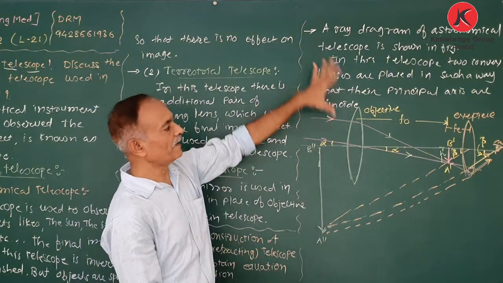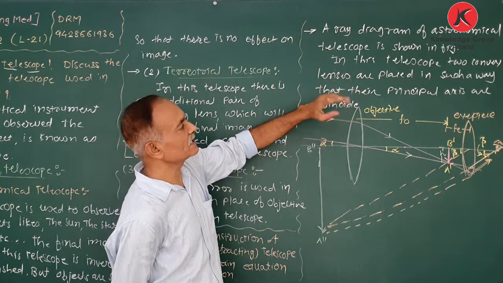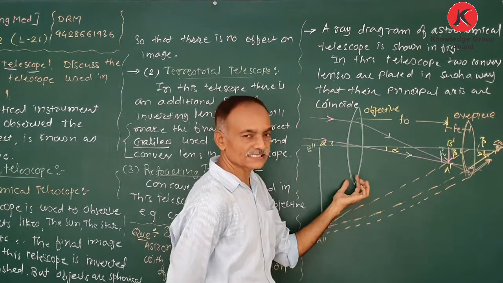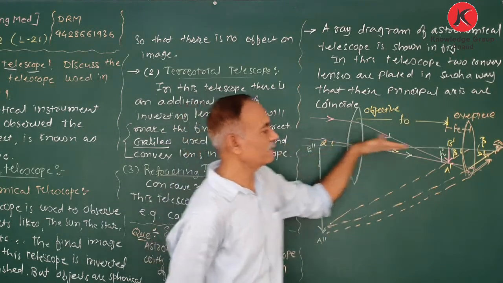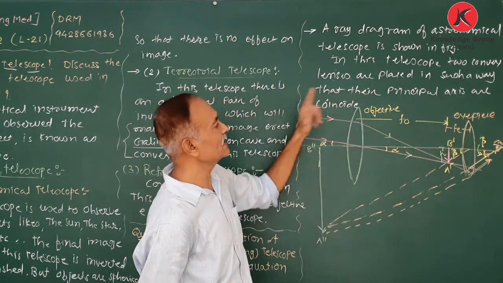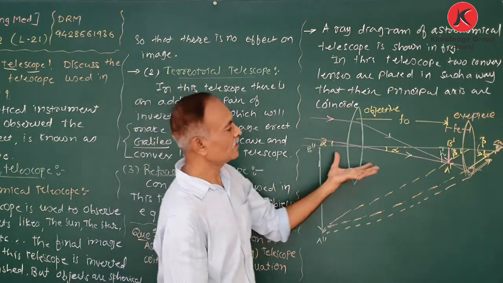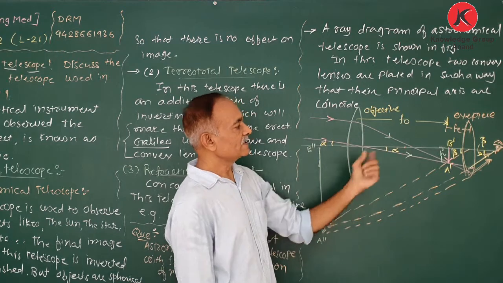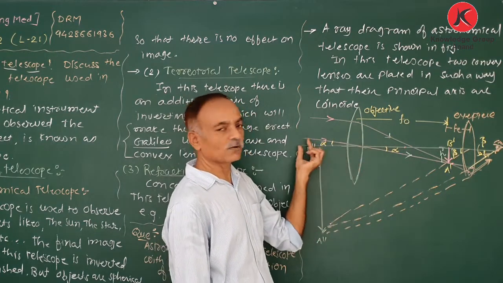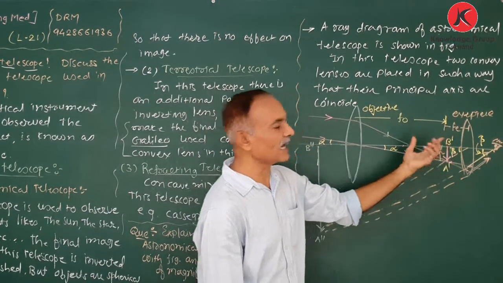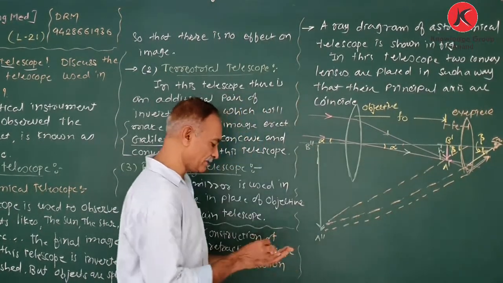The ray diagram of the astronomical telescope is shown in the figure. In this telescope, the two convex lenses are placed in such a way that the principal axes coincide with each other. Right? Okay. Here the lens facing the object is known as the objective, and the lens near the eye is known as the eyepiece.